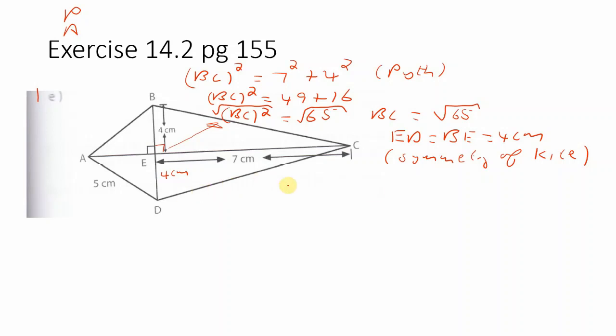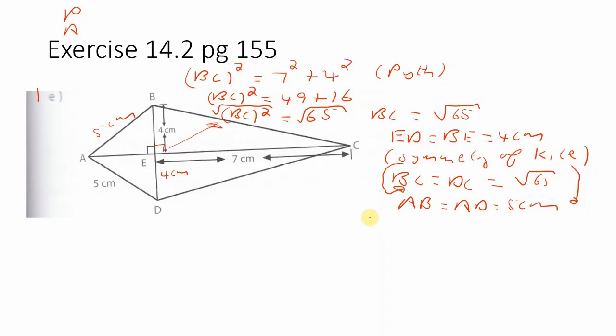And also for the same reason we can say BC equals DC equals the square root of 65. Okay, so that's a similar reasoning, symmetry of the kite. And we can say also therefore that AB equals AD equals 5 centimeter, also due to the symmetry of a kite.